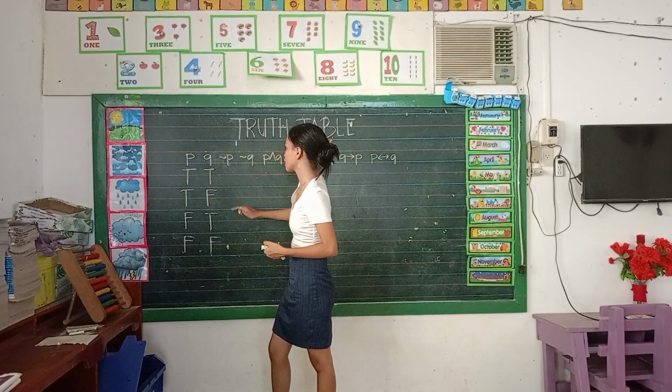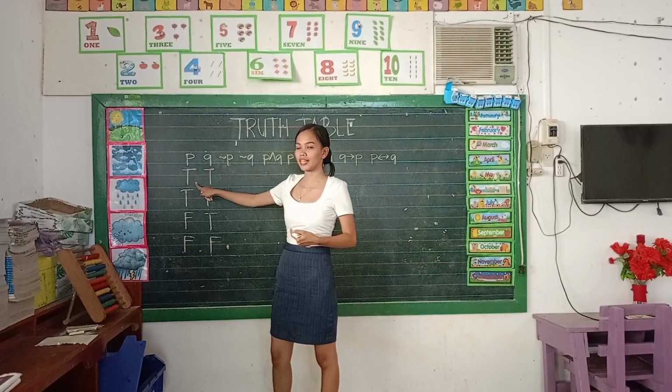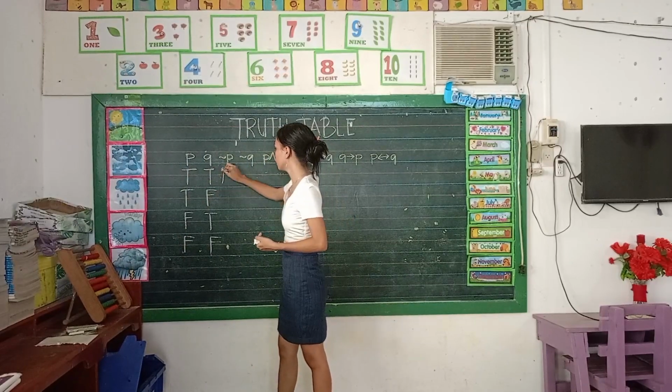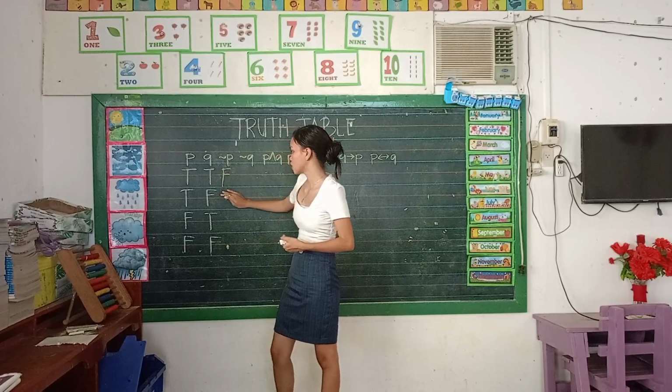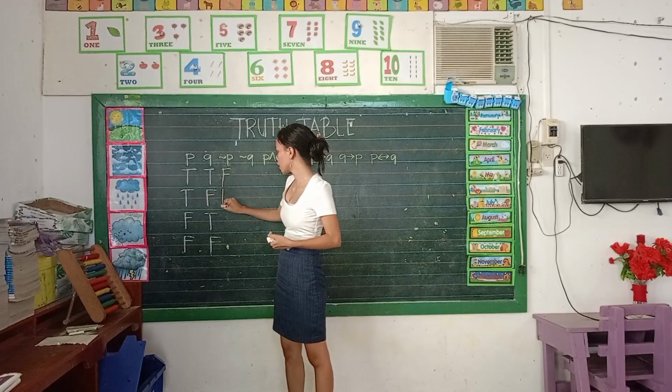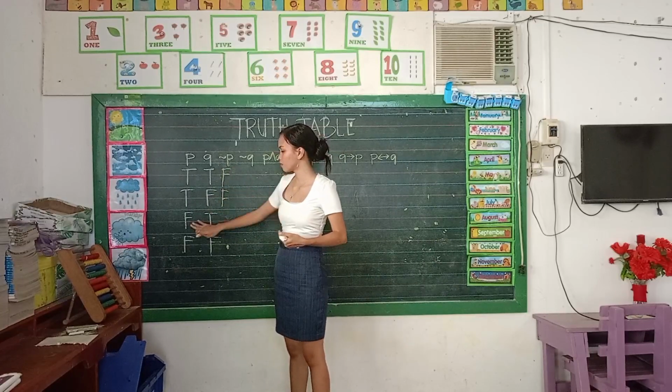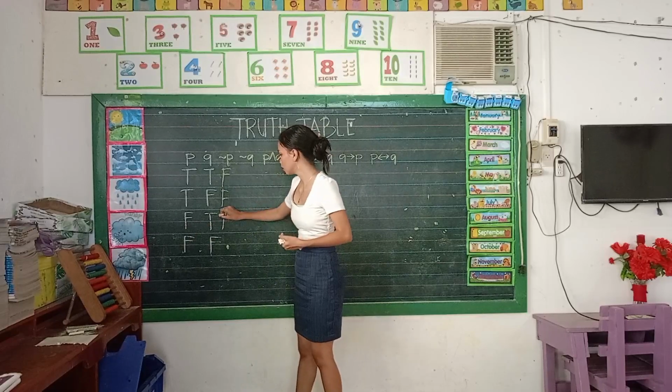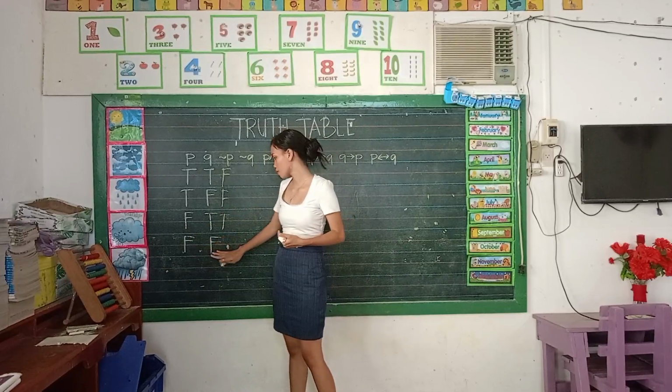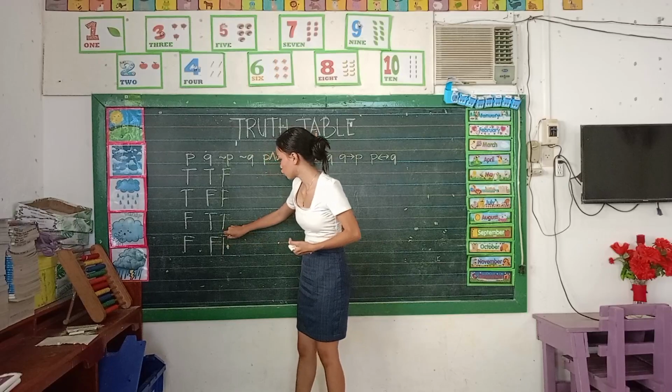So for example, for proposition P, the true becomes false. Then the next true becomes false. Then from false, it becomes true. Then false becomes true.